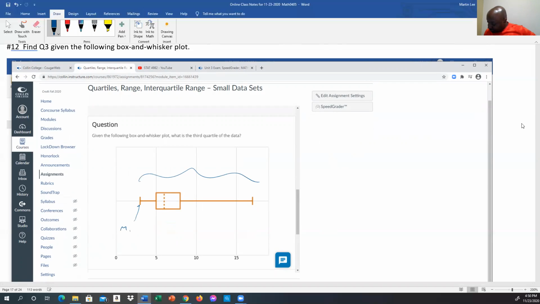This is our minimum value. This is our Q1. This is our Q2, which is the median. This is my Q3, and this is my maximum value.